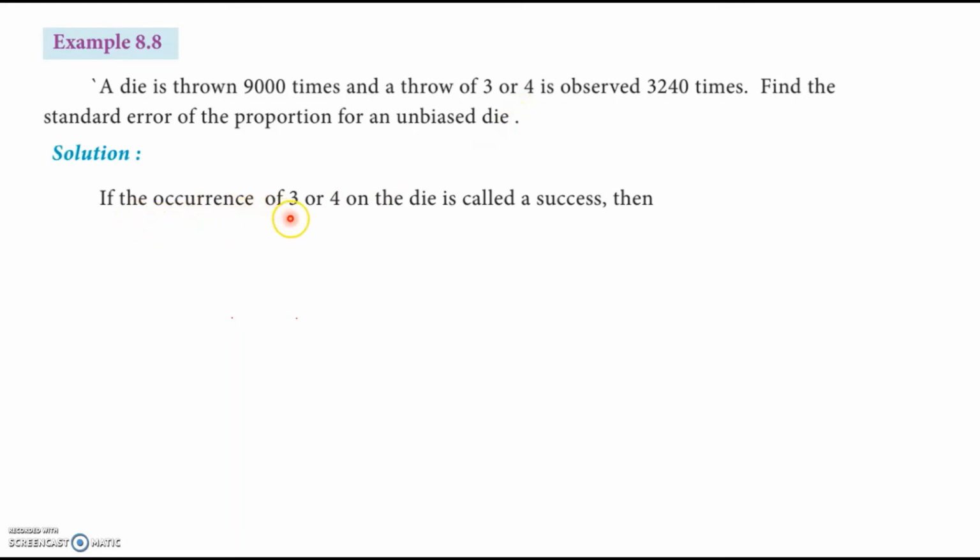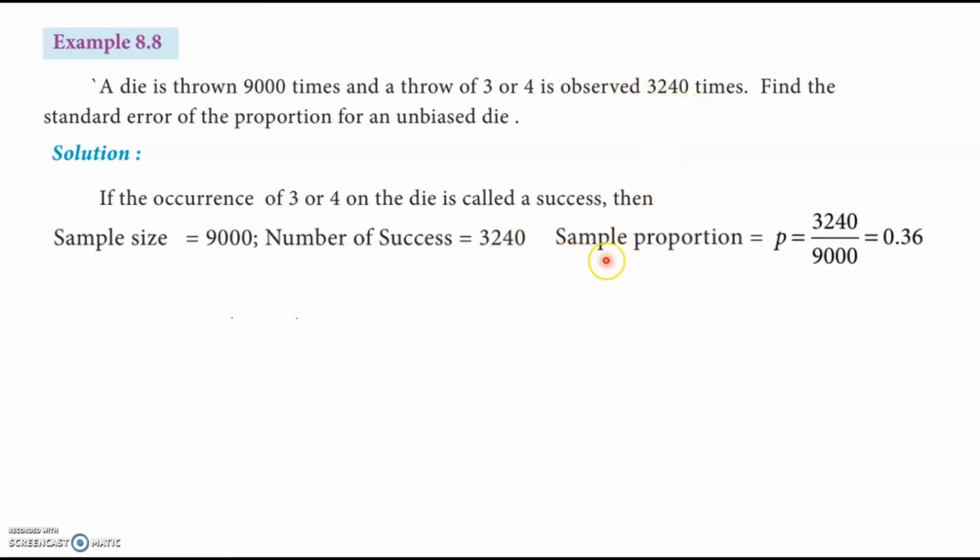If the occurrence of 3 or 4 on the die is called a success, then with a sample size of 9,000, the number of successes was 3,240. Then our sample proportion can be 3240 over 9,000. It's simple logic, it's just proportion.